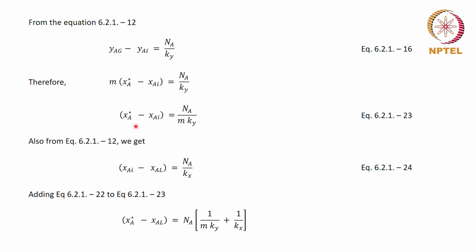Yeah, I'm adding this to this. This has to be 24 to 23, this to this. XA star minus XAL, you add these two together. XAI minus XAI are going to cancel out. So XA star minus XAL equals NA, common out, 1 by MKY plus 1 by KX. We would call this equation 6.2.1-25.